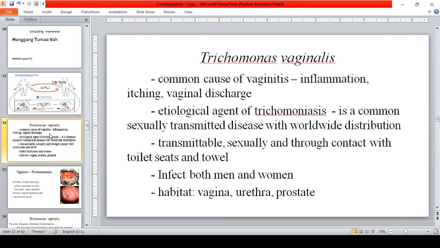And do not just sit on a toilet if that is a public toilet, okay? So, kasi pwedeng ma-transfer yan kayo ng Trichomonas vaginalis. Hindi ka man nakipag-sex, pero na-infect ka naman ng Trichomonas vaginalis. Take note guys, the most common method of Trichomonas transmission is through sexual activity.